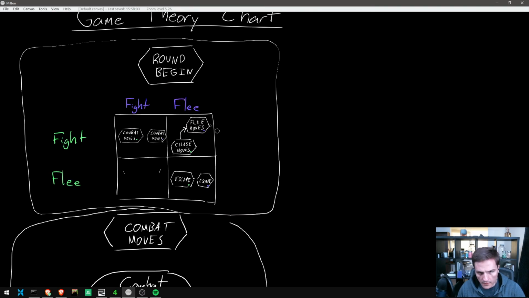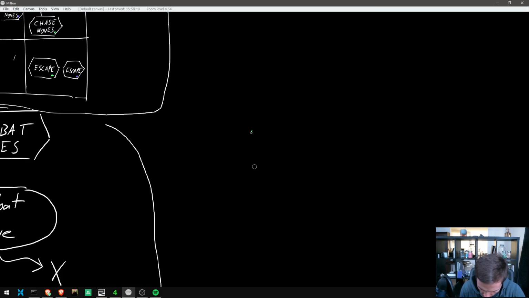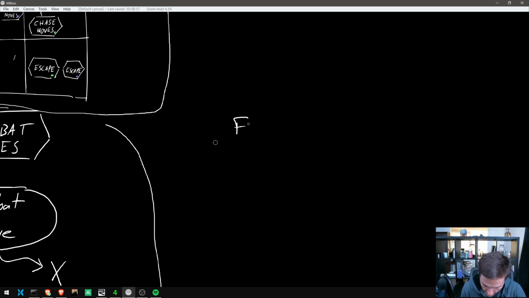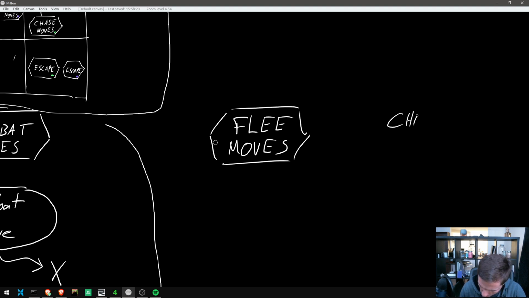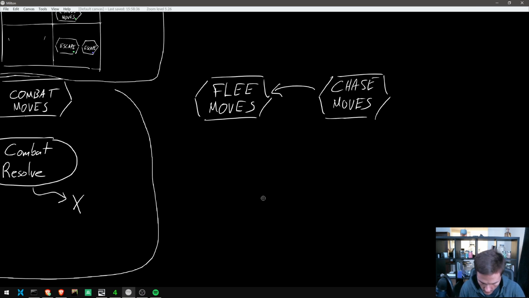So there's combat moves, and then there's the flee moves, chase moves version, with this arrow on this, which then goes into a chase resolve, or flee resolve, I think I called it.